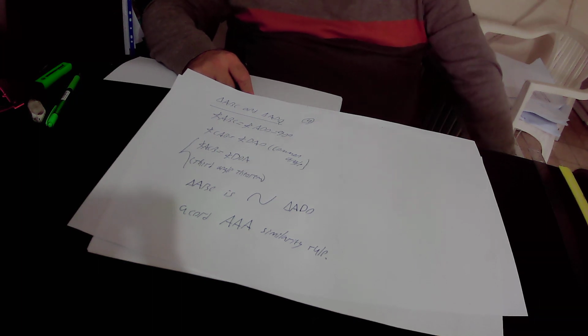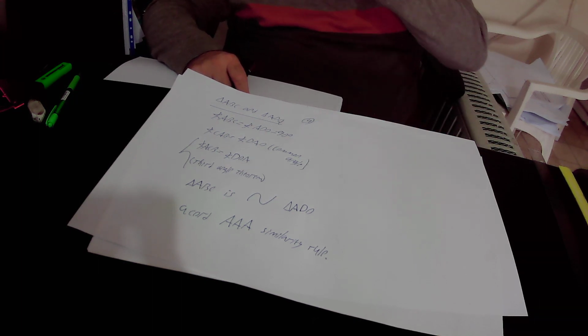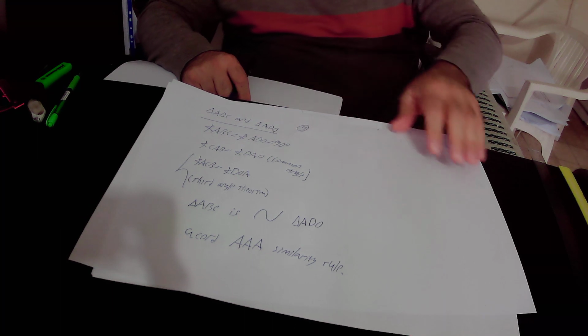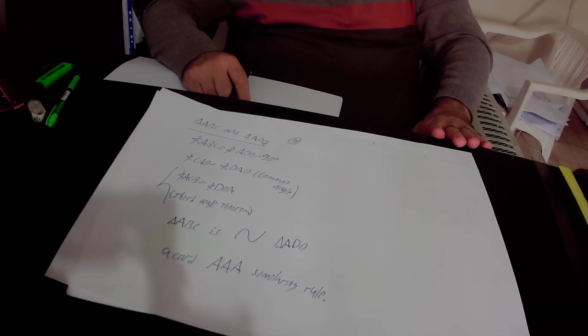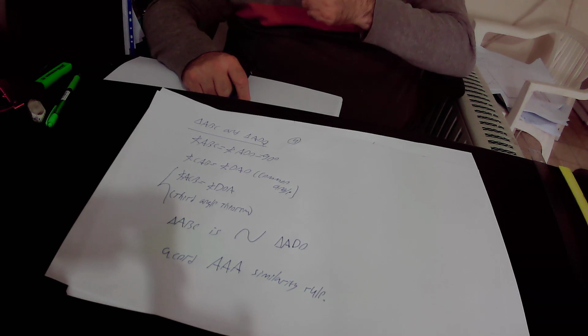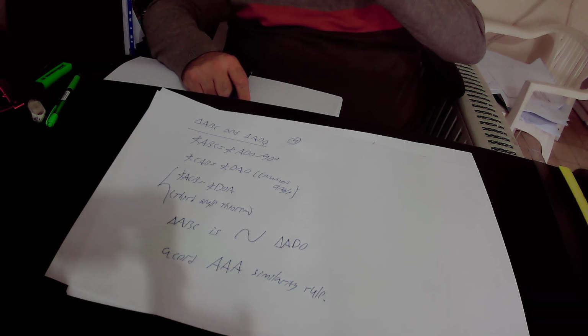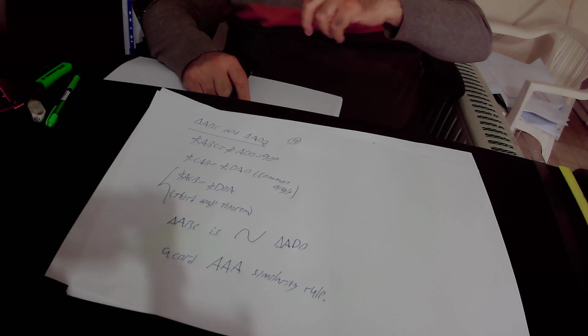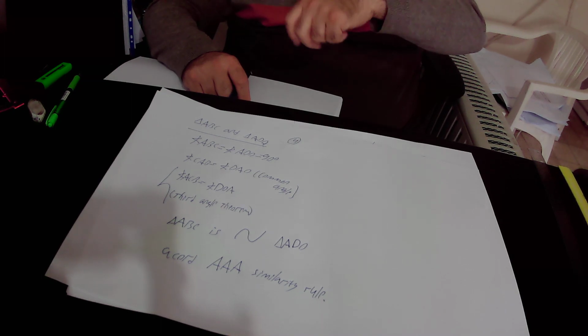So what is angle similarity rule? Angle similarity rule states that if all angles in one triangle equal all the angles in another triangle, then the two triangles are similar according to angle similarity rule.